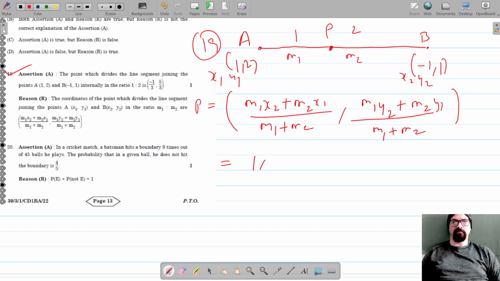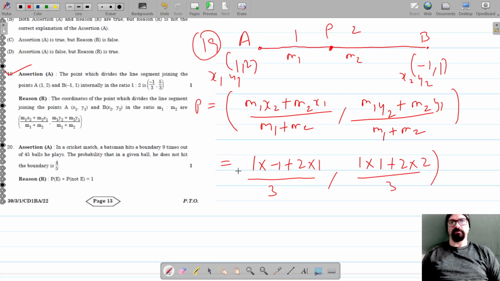So m1 is 1, x2 is negative 1, m2 is 2, x1 is 1, m1 plus m2 is 3, m1 is 1, y2 is 1, m2 is 2, y1 is 2 upon 3, which gives us the coordinates minus 1 plus 2 by 3 and 1 plus 4 by 3. So this is 1 by 3 comma 5 by 3.